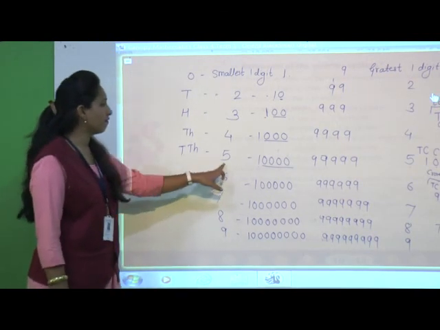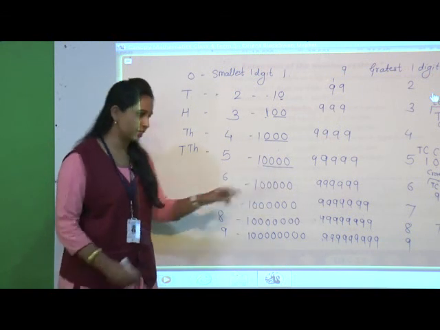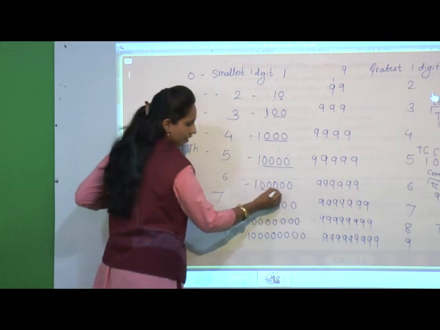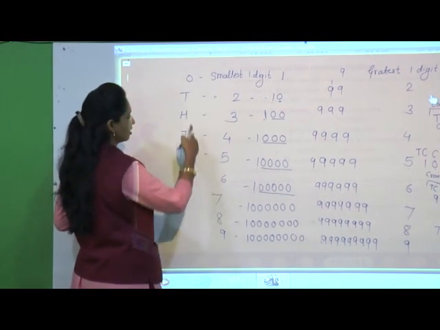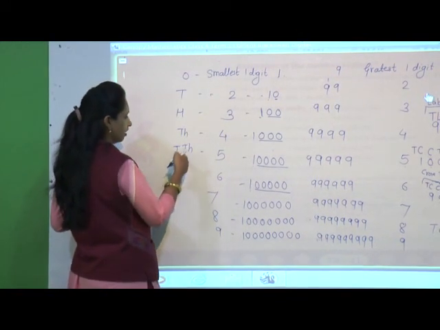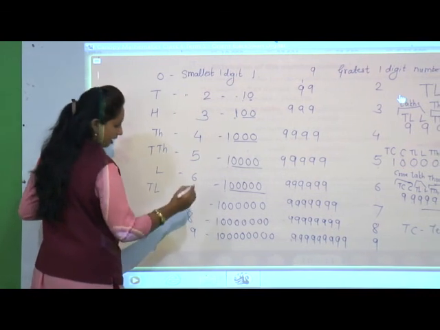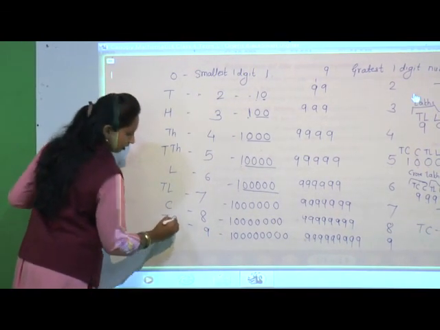In the smallest 6-digit number, after 1, 5 zeros are there. So this is 6-digit: ones, tens, 100, 1000, 10,000, lakh. Okay, this is 10 lakh. And here we have learned crore. And here is 10 crore.